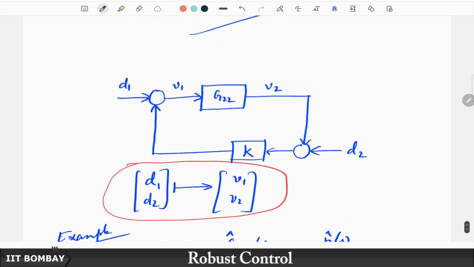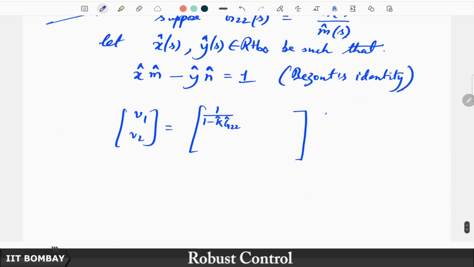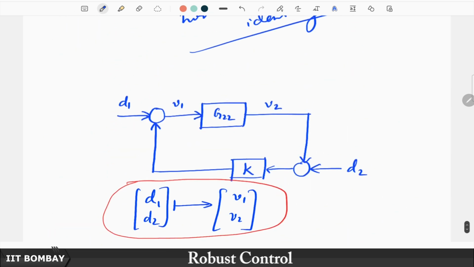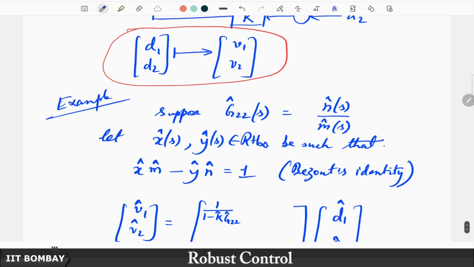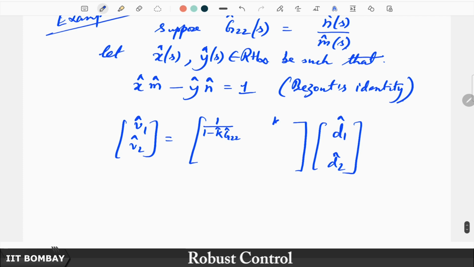Okay. Let us say you want to find out the transfer function from d2 to v1. So d2 is injected here and here is v1. In the forward path you have k. So this is going to be k hat upon 1 minus k hat g22 hat.